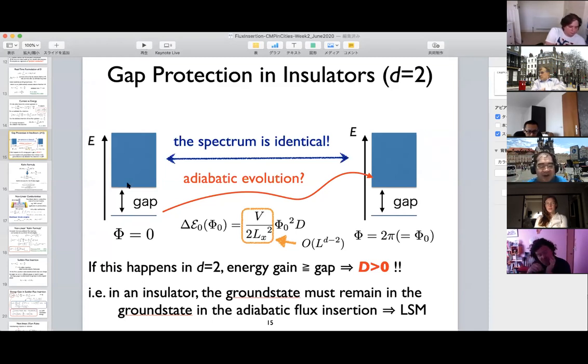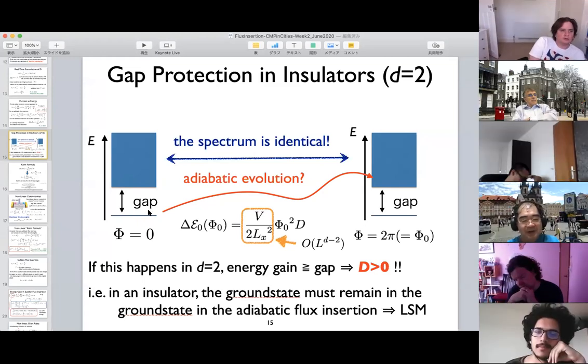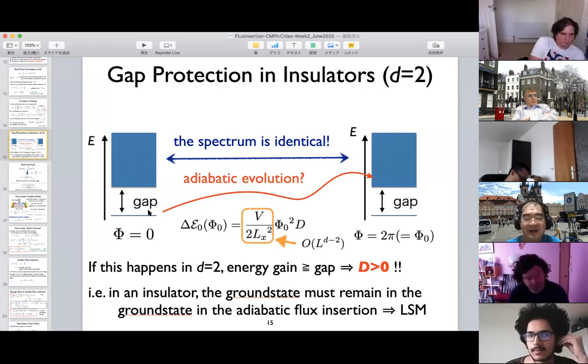Yeah. So here, this gap is a many-body gap. So maybe we should distinguish the many-body gap from the single particle gap. I don't know if I have a good answer to your question, but in this talk, I focused on the ground state because it's easier to discuss. But this kind of argument is also applicable to finite temperature states and so on.